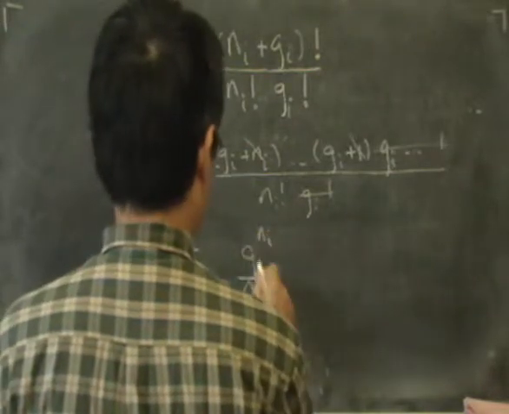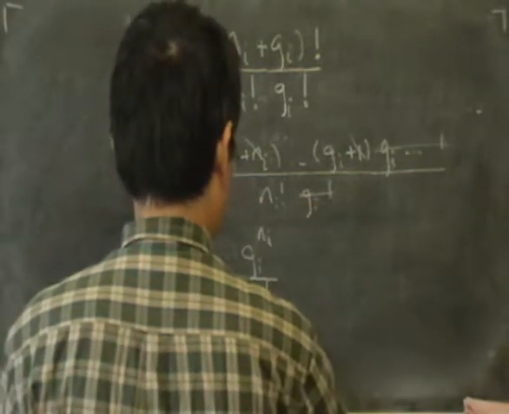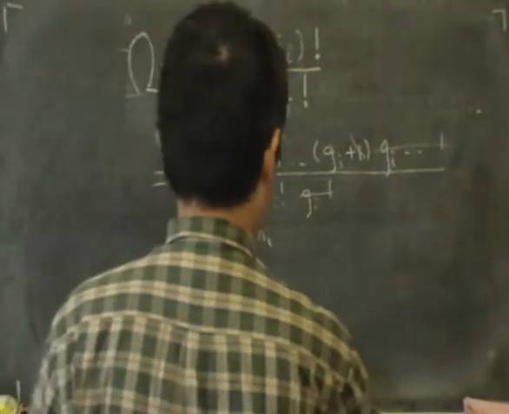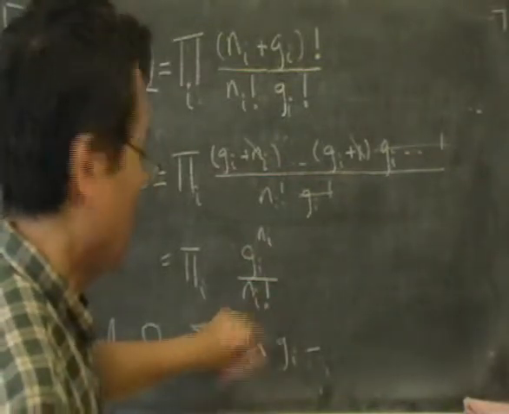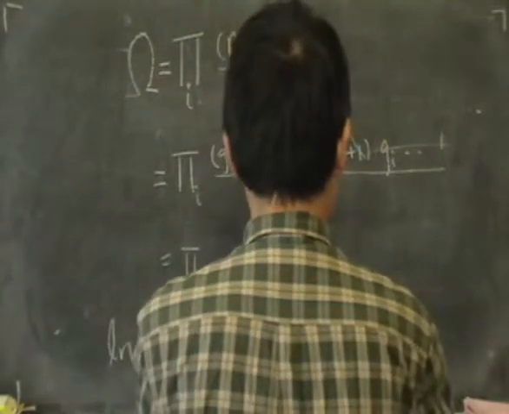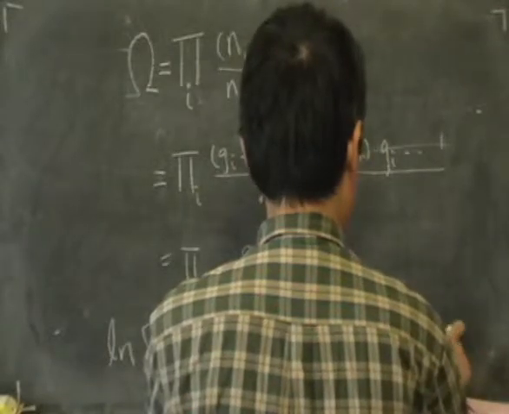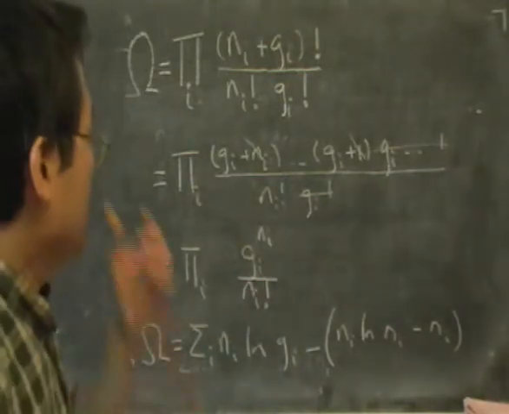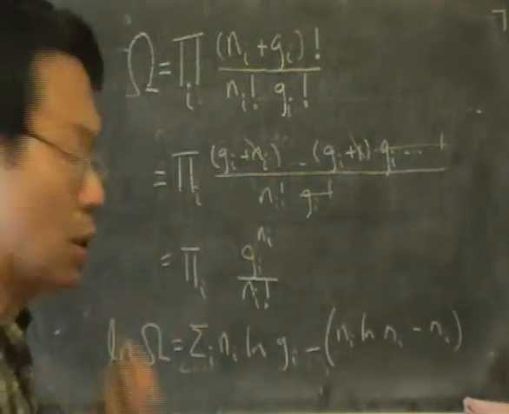And in this case, I have log of gi to the power of ni, which I can bring down the ni, minus log of the denominator, and in the denominator I have ni factorial, and if I apply Stirling's approximation, I get ni log ni minus ni. So this is what I'll get. So it's getting simpler and simpler, and finally I want to differentiate this with respect to ni.